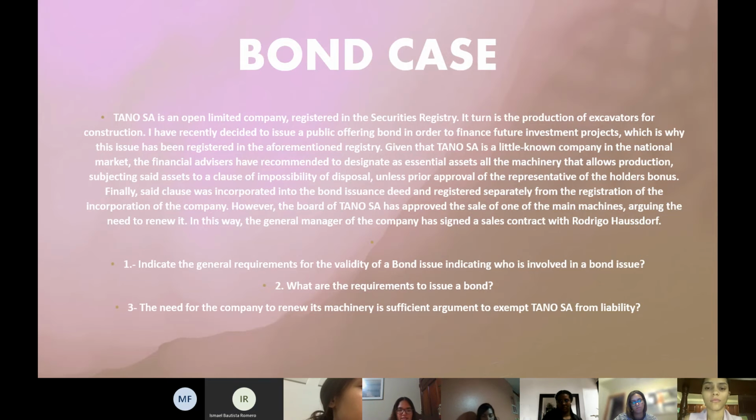And the third one is, is the need for the company to renew its machinery a sufficient argument to exempt Tano SA from liability?